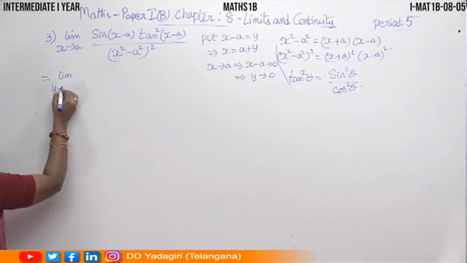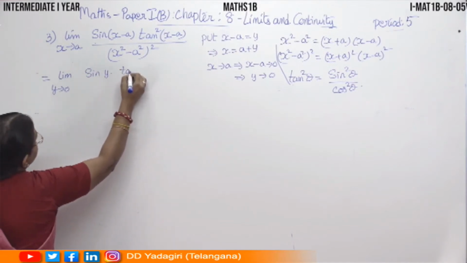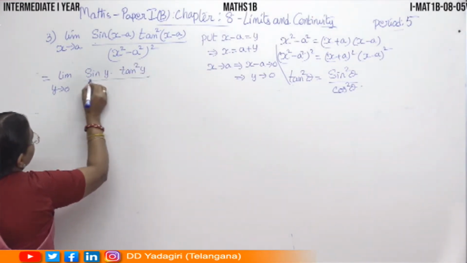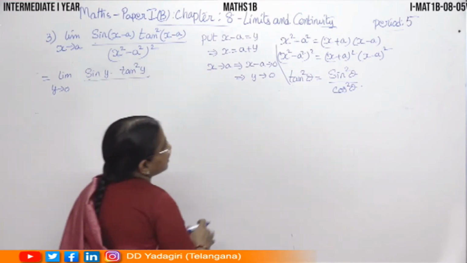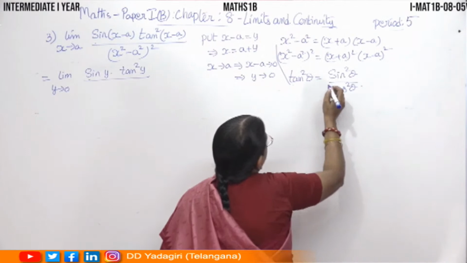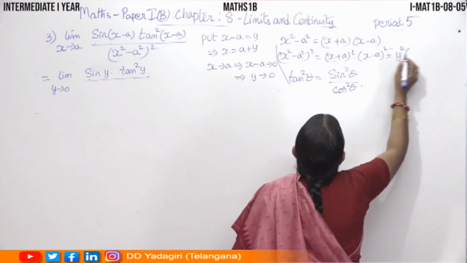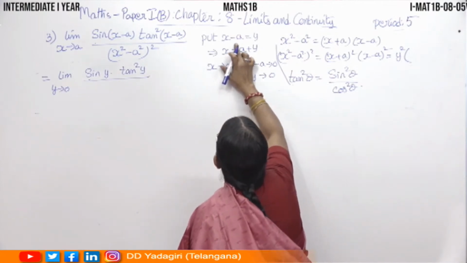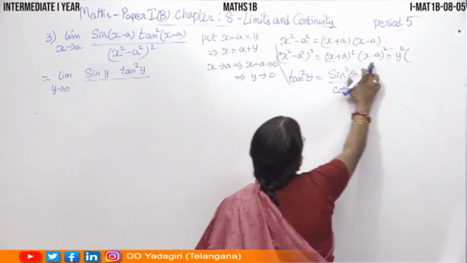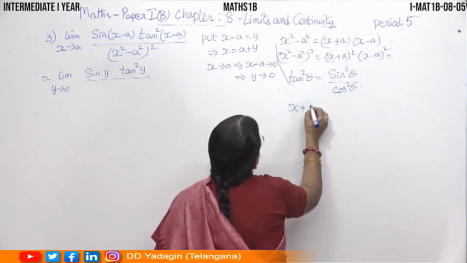Now we'll write in terms of y. Limit y tending to 0 of sin y into tan² y by (x² − a²)², which is (x + a)² into (x − a)². So x − a is y, and what is x + a?